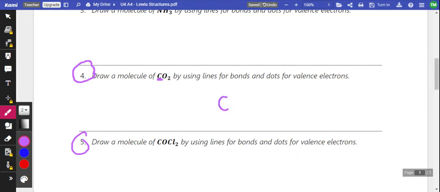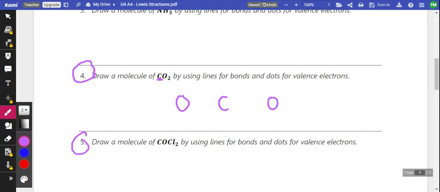I want to spread out my oxygen atoms kind of far away from each other, but they still have to be able to bond with that center atom, so I'm not going to put them out too far away. So let's put an oxygen here. Let's put an oxygen here. All right.